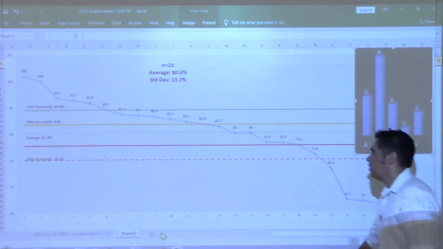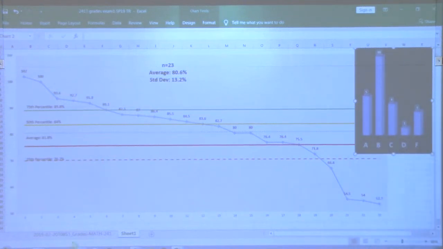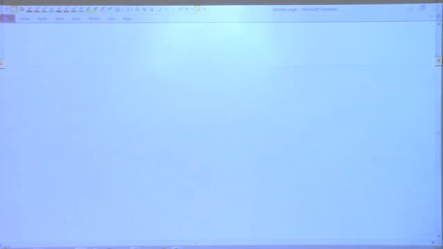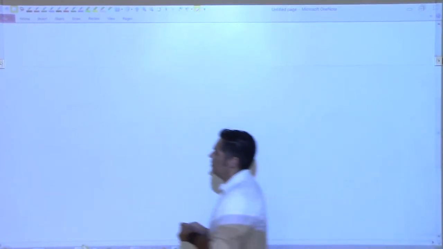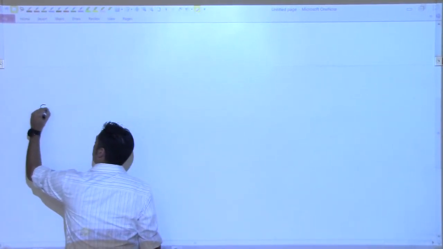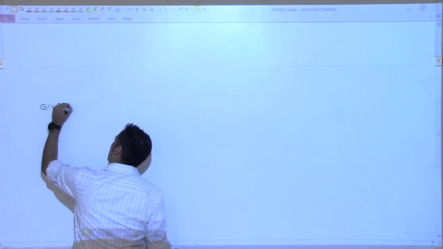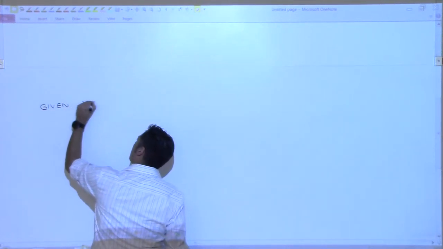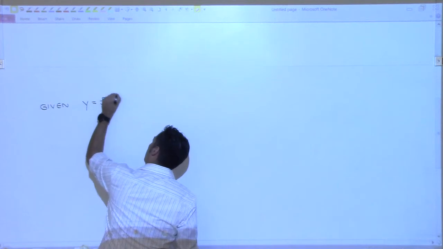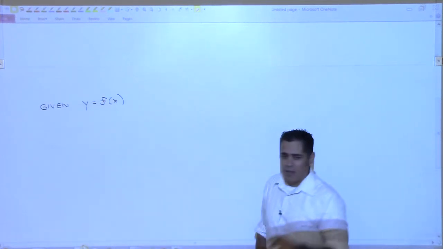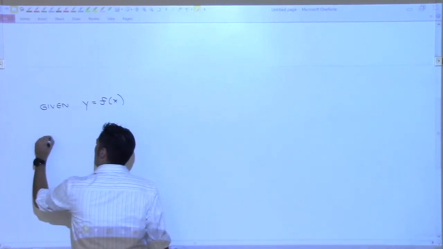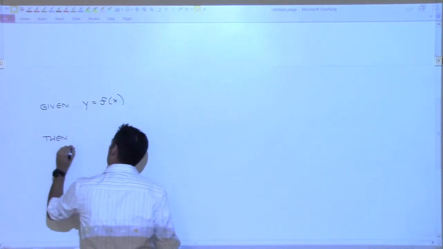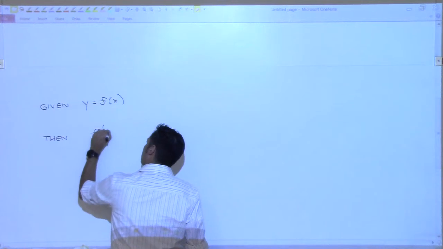So, the main idea that we have right now is that if we're given a function, y equals f of x, then we can calculate this thing.